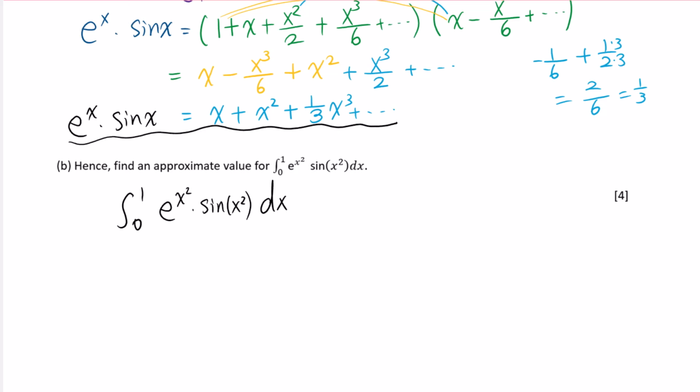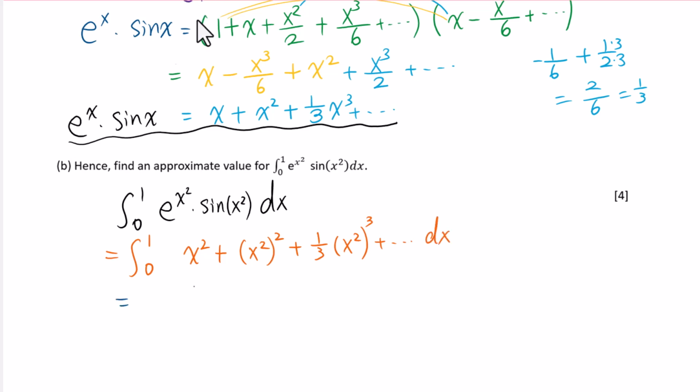We will change every single x into x squared. We got the integral from 0 to 1 of x squared plus x to the fourth plus 1 over 3 times x squared to the third power, and so on, dx.